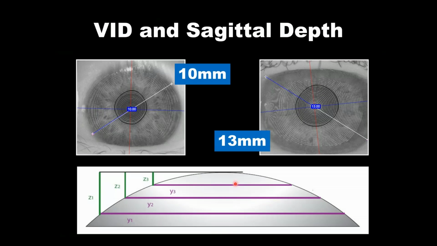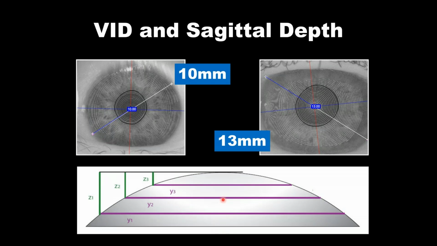So VID matters because, of course, the smaller the eye, the lower the sagittal depth. The larger the eye, the greater the sagittal depth is likely to be. Now, of course, we can have a small cornea that's incredibly steep. It can have a high sagittal depth. We could have an incredibly large cornea that's really flat in radius, and that could be a median depth.